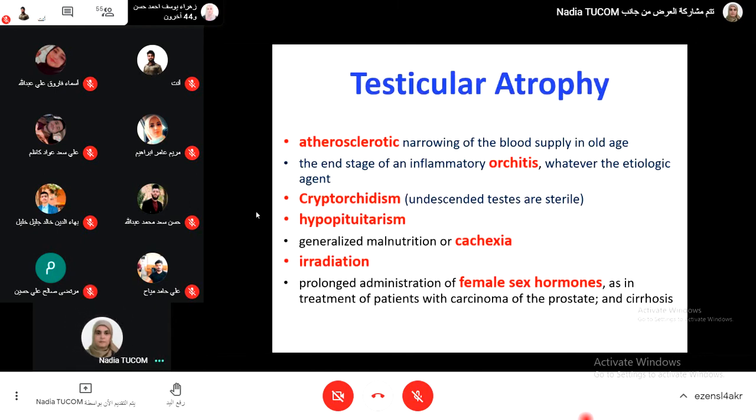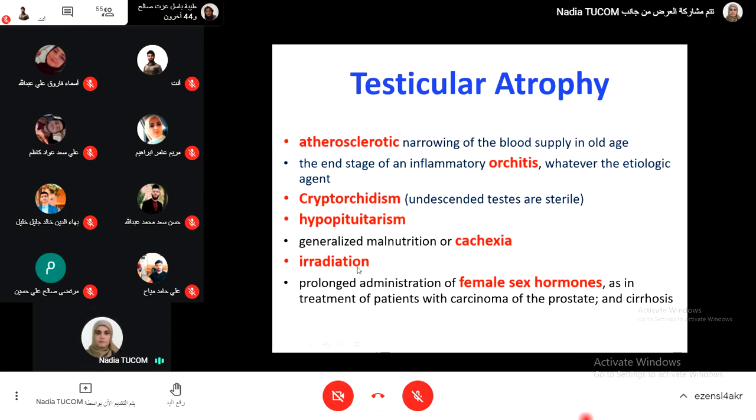Generalized hypopituitarism, including FSH and LH deficiency, can affect maturation and the central stimulation of the testis and testosterone production. Generalized malnutrition or cachexia can also cause testicular atrophy.